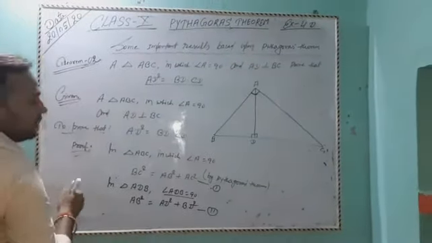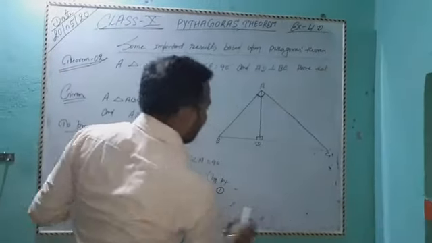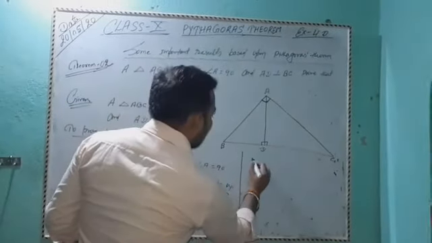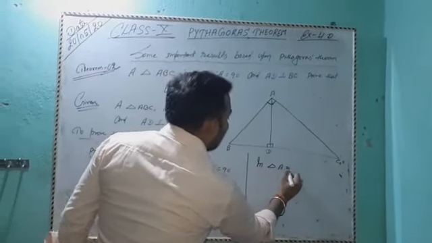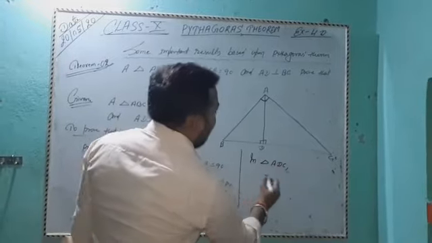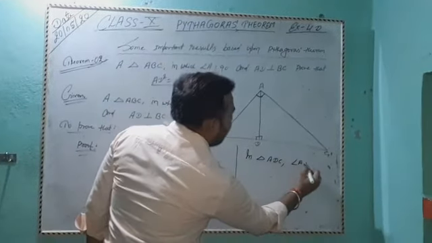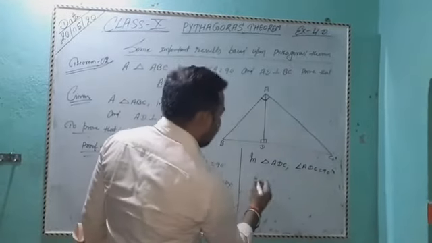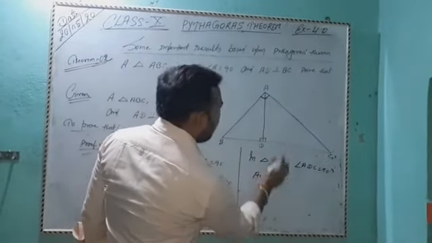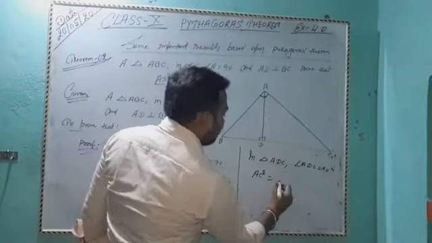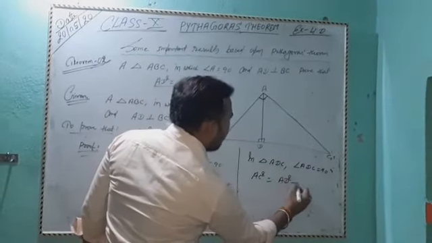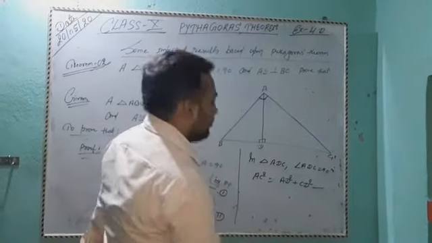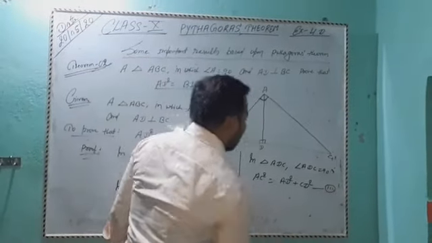And now in triangle ADC, angle ADC equal to 90 degree. So AC square equal to AD square plus CD square by Pythagoras theorem. So equation third. Okay.